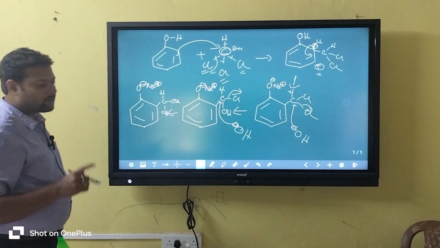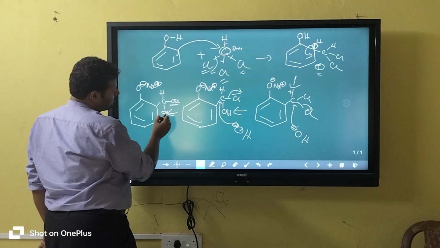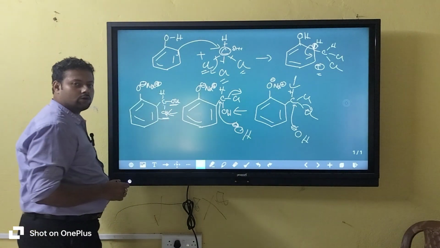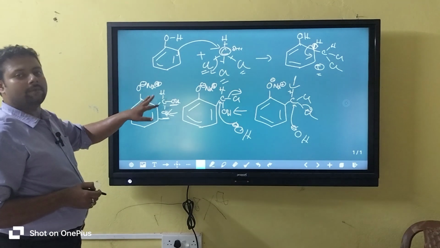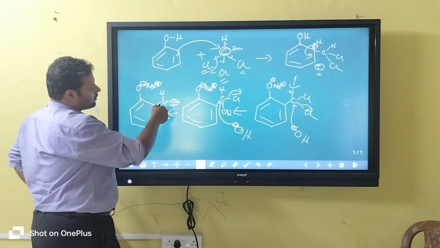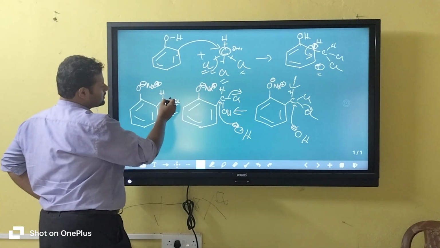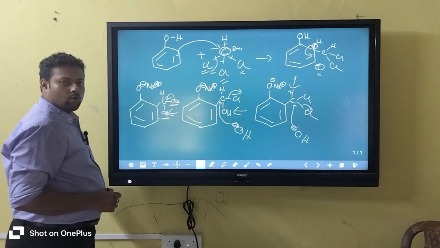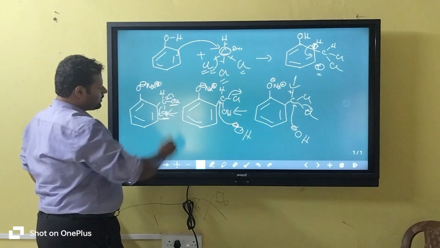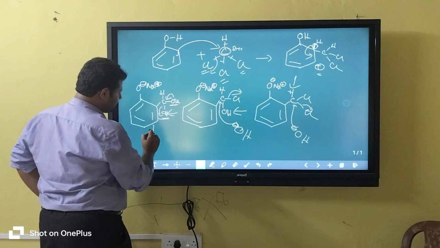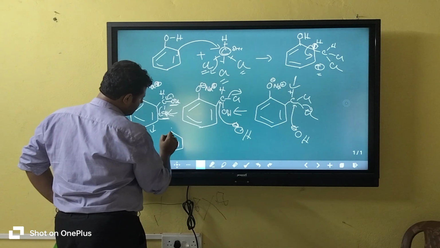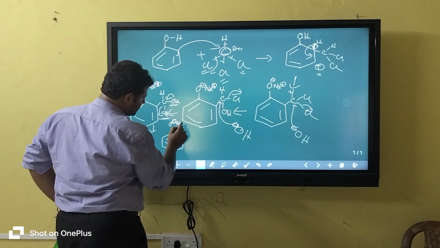Why a geminal diol? Because in this case, you see, both the hydroxyl groups are attached to the same carbon, which makes this compound a geminal diol. Now one of the two OH groups can contribute its lone pair to the adjacent carbon, so that the other OH group leaves. If that happens, we will have something like this.